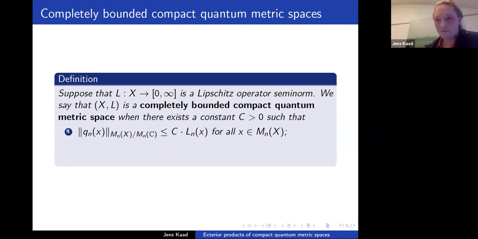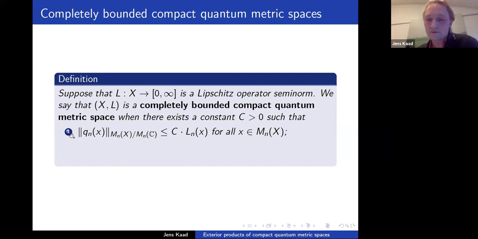Okay, so now I have a Lipschitz operator seminorm, and then I say that the pair consisting of this operator system and my Lipschitz operator seminorm is a completely bounded compact quantum metric space. It's almost the same as my previous two conditions that gave me my equivalent characterization outside the completely bounded setting.